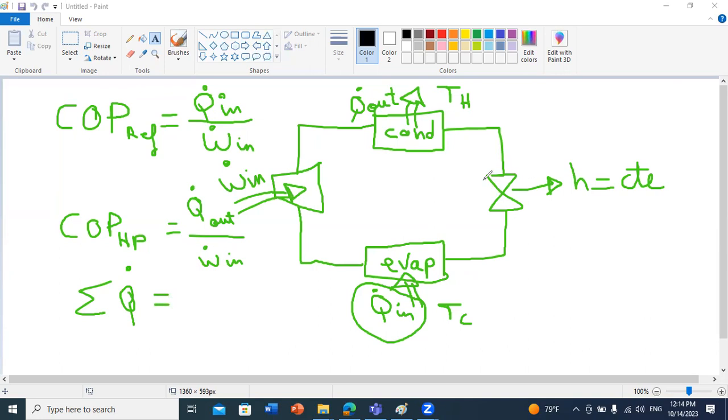And since here we neglect any work at the valve level, Q dot in minus Q dot out is just equal to W dot net. So, sorry, Q dot out minus Q dot in, because here you know that the sum of Q equals the sum of W.